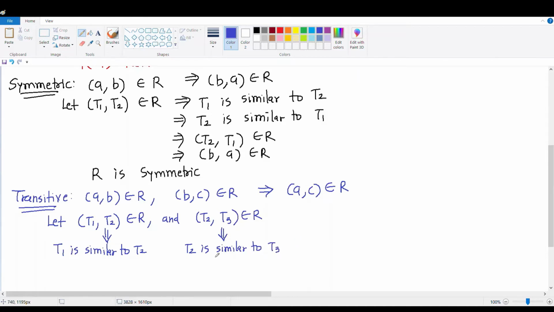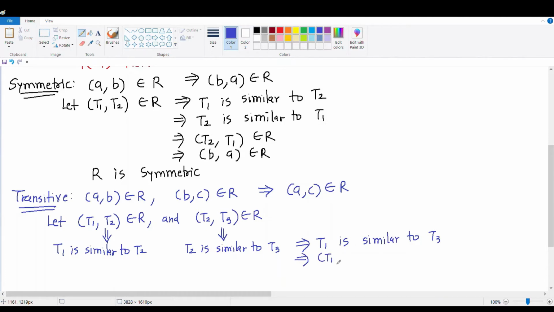From these two facts, we can say that T1 is similar to T3. Why? Because T1 was similar to T2, and T2 was similar to T3, so of course triangle T1 is similar to triangle T3.